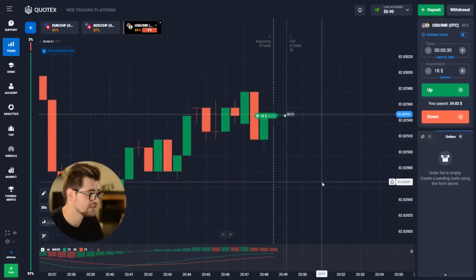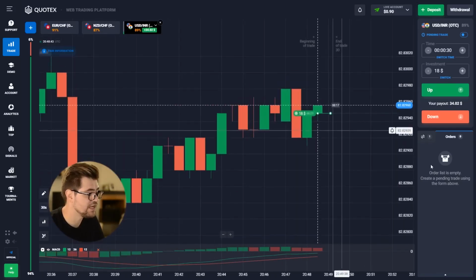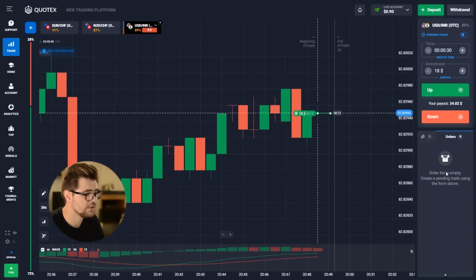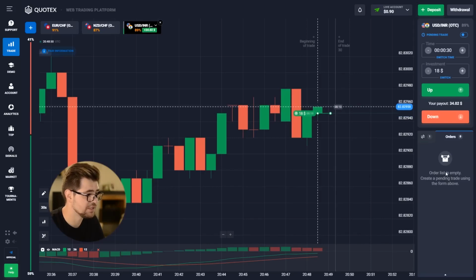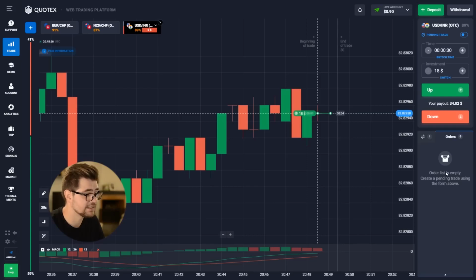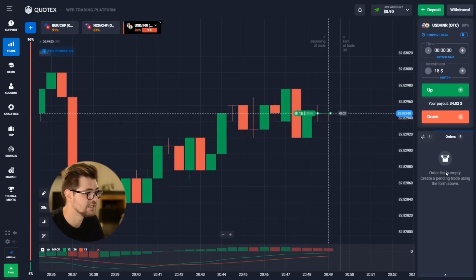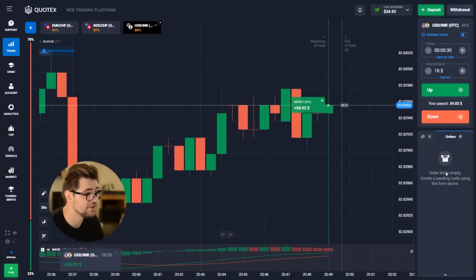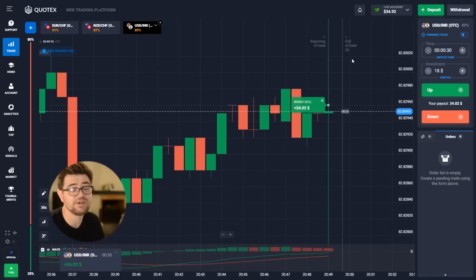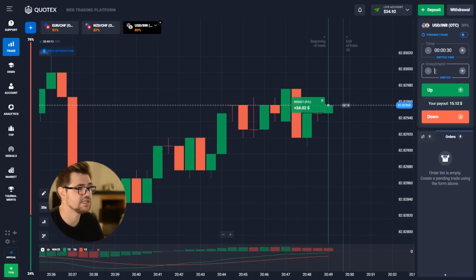Now we had 3 candles, as you see in the MACD, 3 candles are red. Basically, I'm thinking that the price should be going up. This is very volatile, and as you can see, it's really volatile. And here we have the profit, but it was very risky, right? So this was a hasty decision.